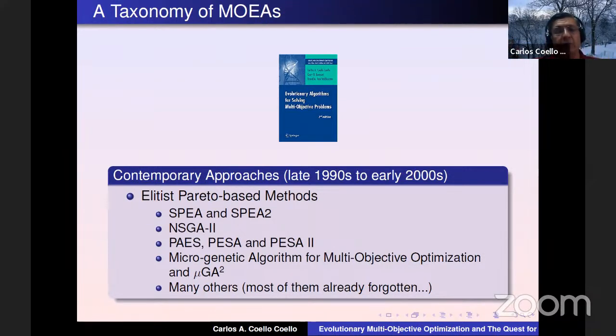It was very popular for many years. Then NSGA-II was originally introduced in the year 2000, but the journal version was published in 2002, and it was also very successful. Actually, NSGA-II was one of the first highly competitive multi-objective evolutionary algorithms whose source code was released in the public domain.